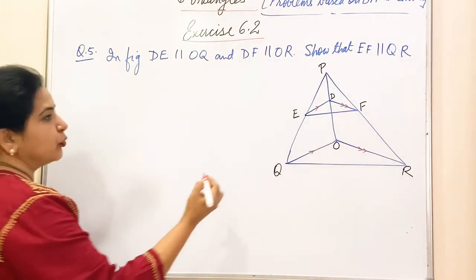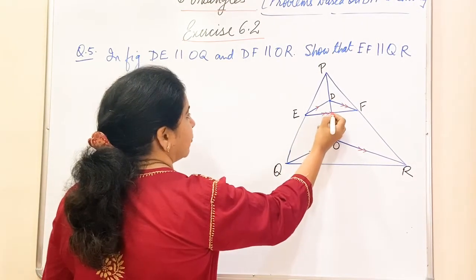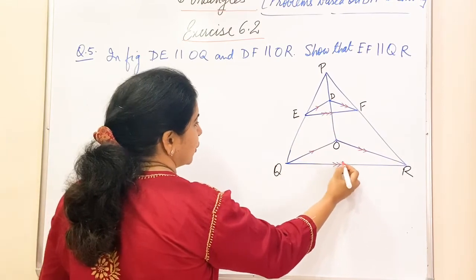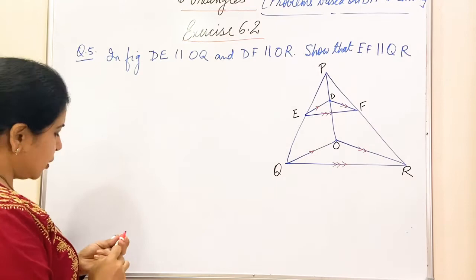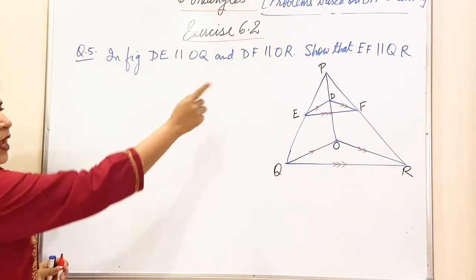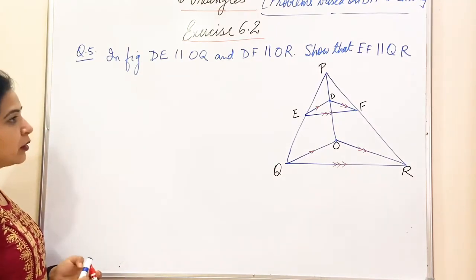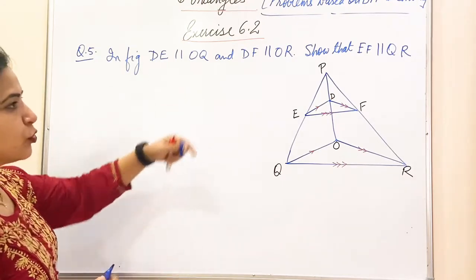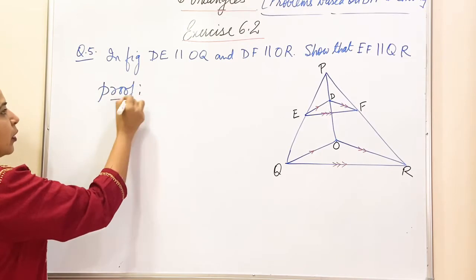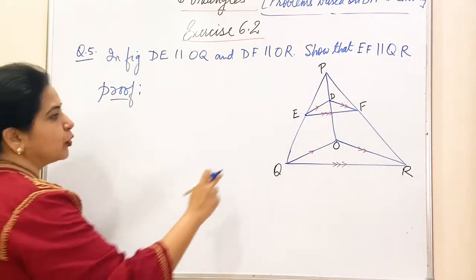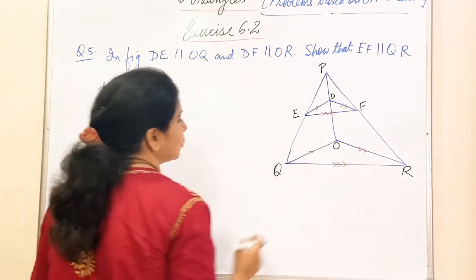Then we have to show that EF is parallel to QR. This we want to prove. So first of all, you will write given and to prove. I hope you can write given and to prove. I am starting with the proof of this. So here we want to prove that EF is parallel to QR.